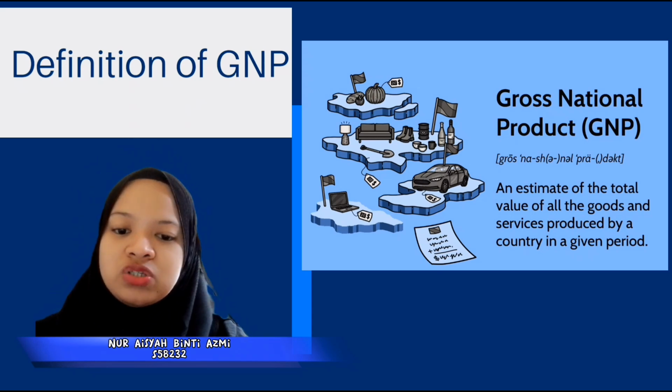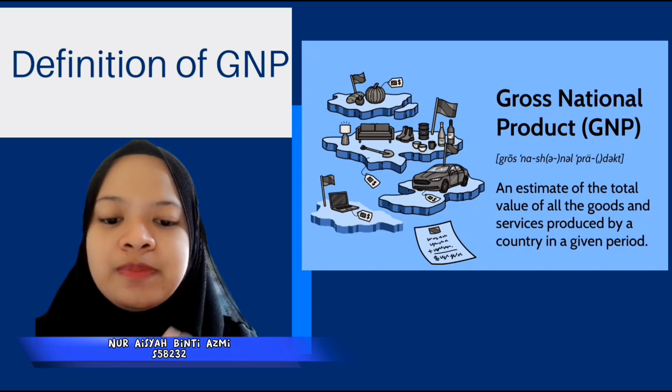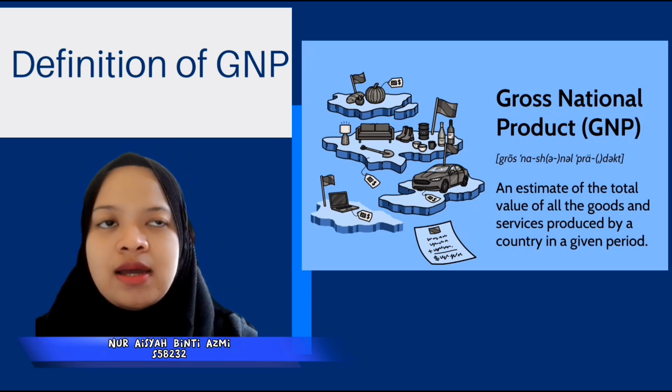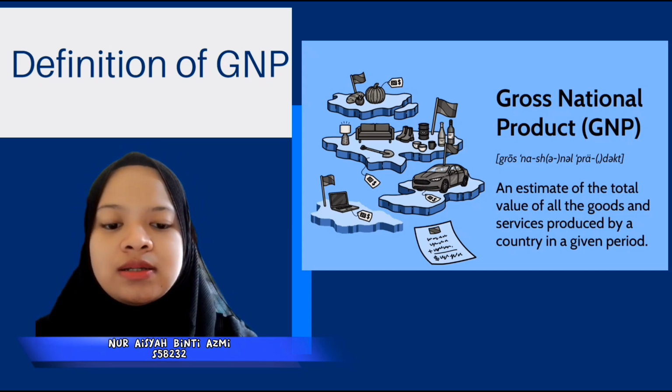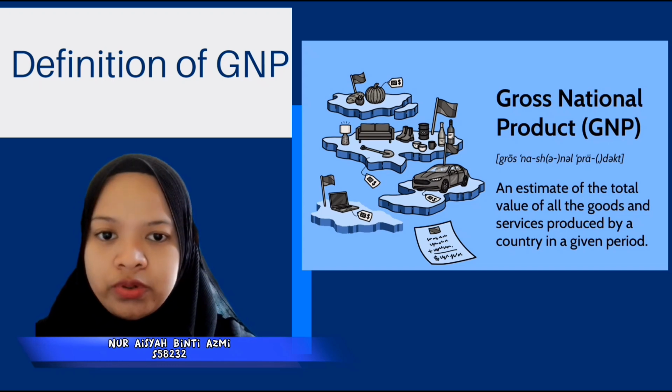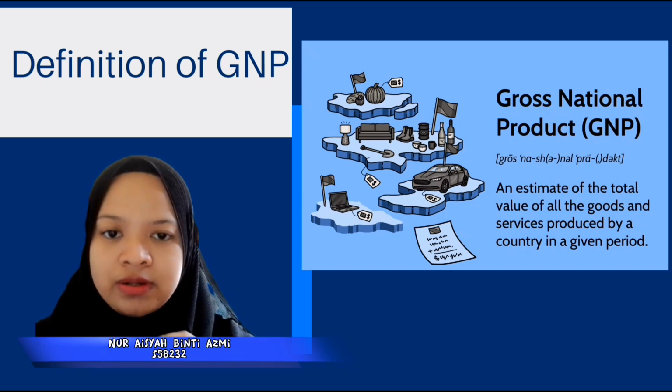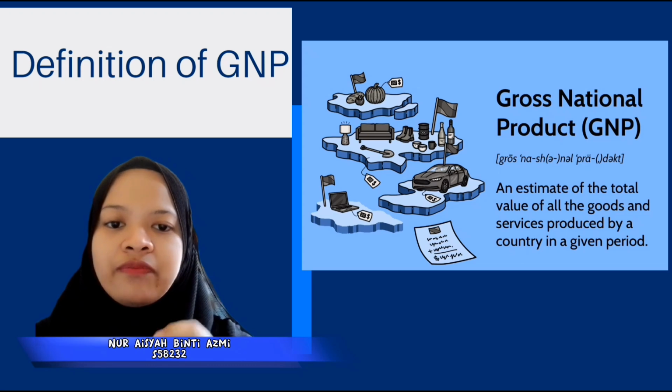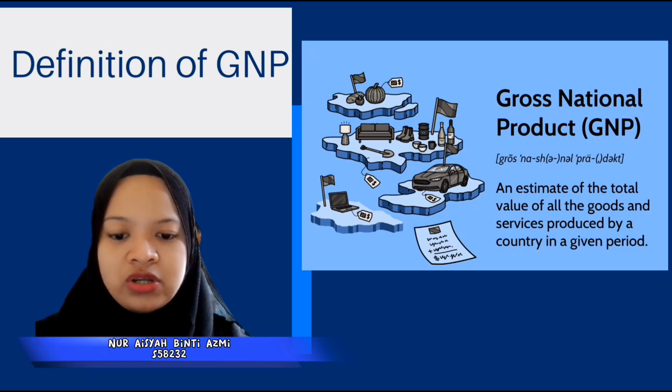This is my part, GNP. What is GNP? GNP stands for Gross National Product. GNP is the monetary value of all finished goods and services produced by a country's factors of production, irrespective of their location.